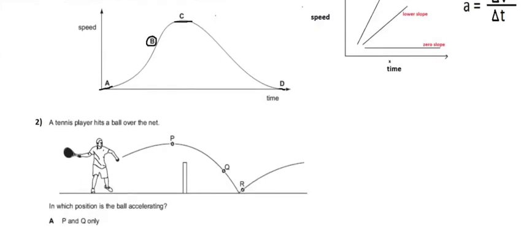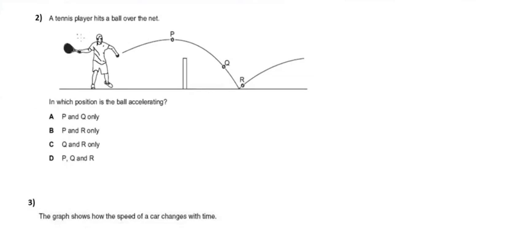Now the second question. A tennis player hits a ball over the net. You can see this tennis player is hitting a ball, and this ball is moving in this kind of trajectory or path. In which position is the ball accelerating? Whenever there is an object moving above the surface of the earth, the gravitational force is acting on it, and gravitational force is acting at every point.